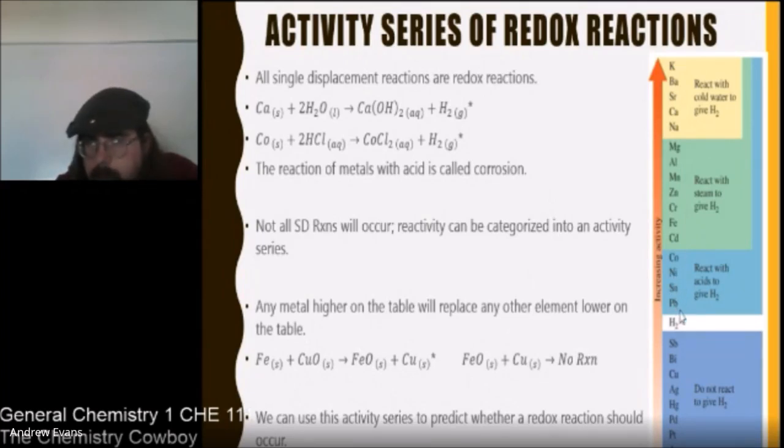Cobalt, nickel, tin, and lead will react with acids to produce hydrogen gas. And there's hydrogen right there, the zero point. And everything below this, so antimony, bismuth, copper, silver, mercury, palladium, platinum, I'm sure gold's down there, will not react to give hydrogen. So acid will not do anything.